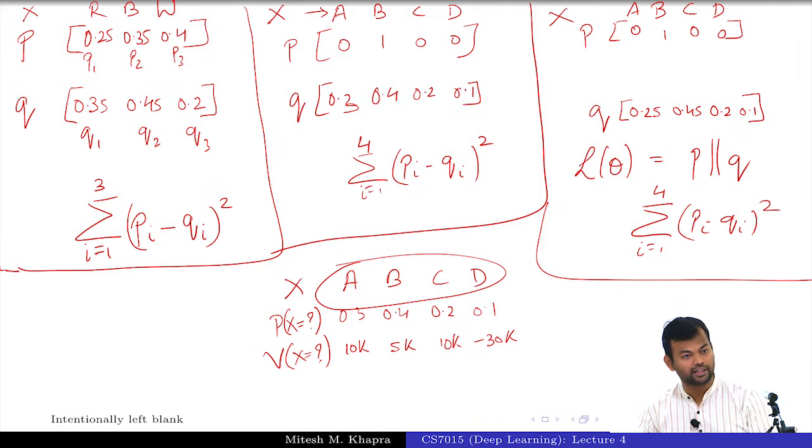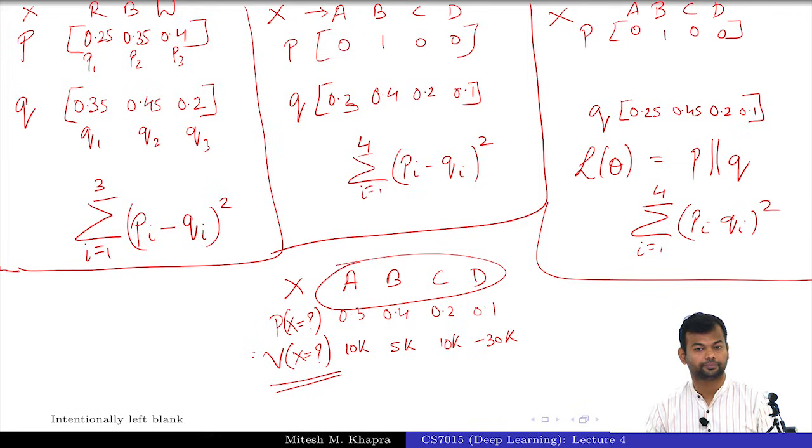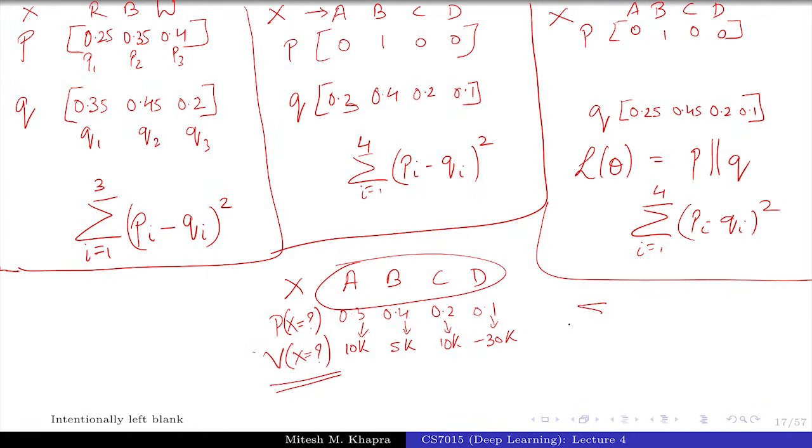Now, how do you calculate the expected gain or expected profit, which is this? There's a 30% chance that you will earn 10k. There's a 40% chance that you will earn 5k. There's a 20% chance that you will earn 10k and 10% chance that you will lose 30k, right? So the way you will compute it is, and this is the simple expectation formula, the probability of the event, where the event belongs to A, B, C, D, right?